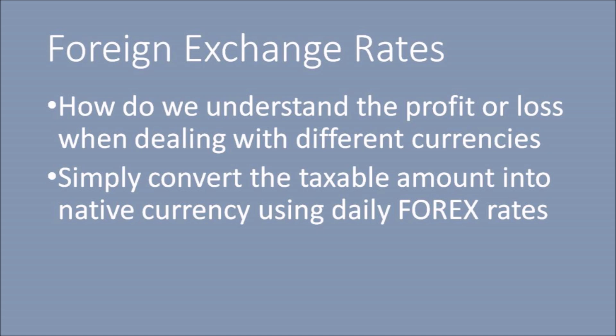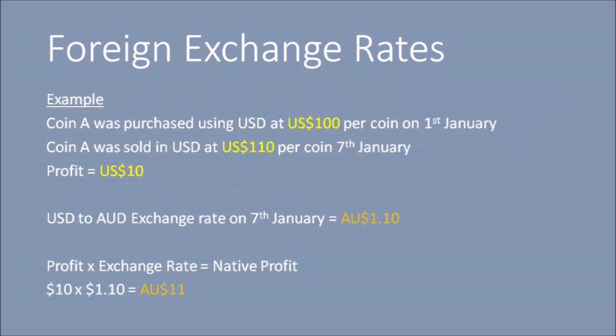Well, effectively what we do is we simply convert the taxable amount into native currency using daily Forex rates. Let me give you an example of this. If you live in Australia, you're going to owe the Australian Tax Office money if you make a profit on a cryptocurrency. But let's say you are purchasing cryptos in US dollars.